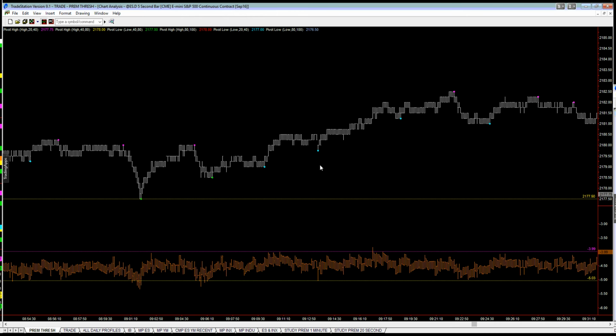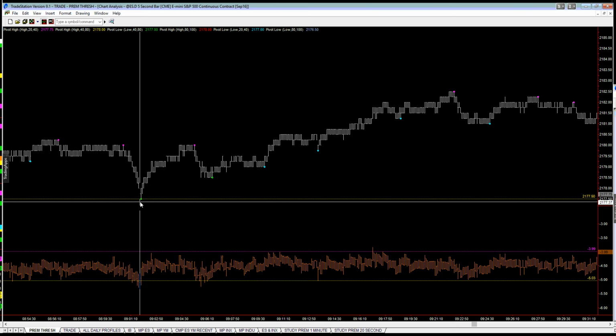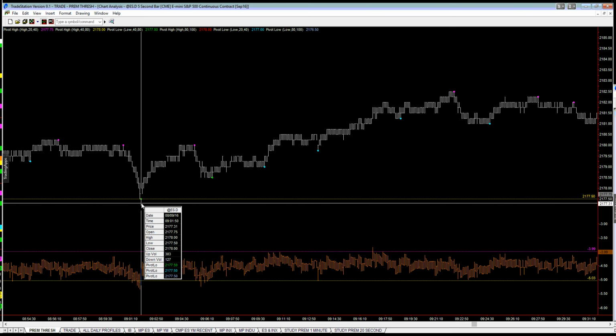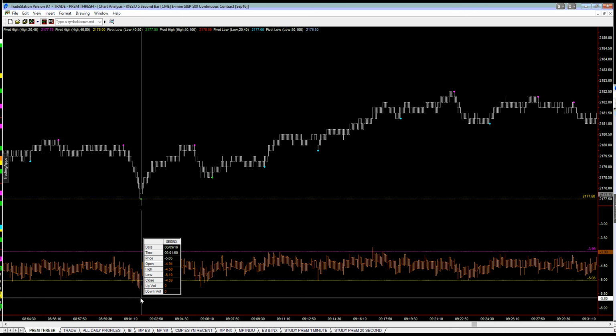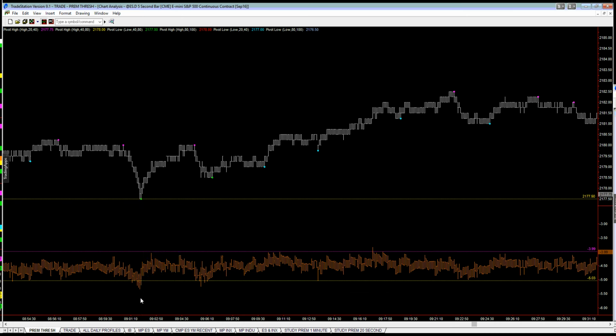But we also look back and notice that this low here at 901.50 corresponds with this low on the premium, which is at a much lower level and therefore predictive of the return back to 2177.50. So on that basis, you've got a real good setup for a short as the market moves up to its final high of the morning.